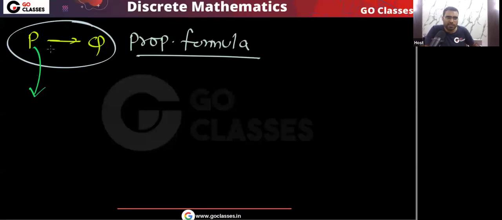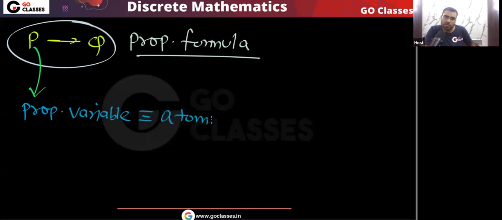This entire thing is a propositional formula. But inside it, this P is a propositional variable, and you cannot break it. This is atomic.